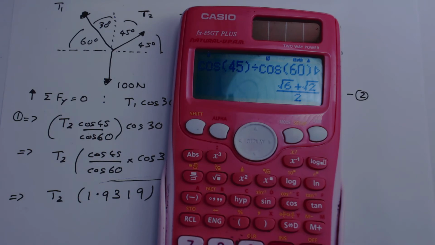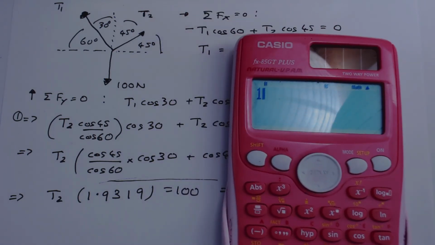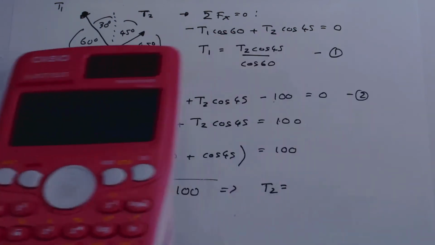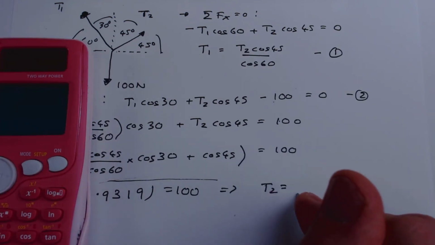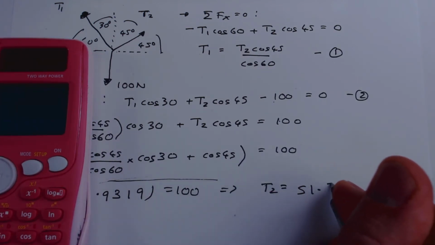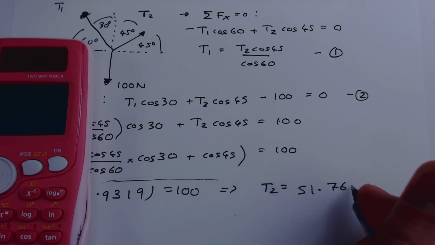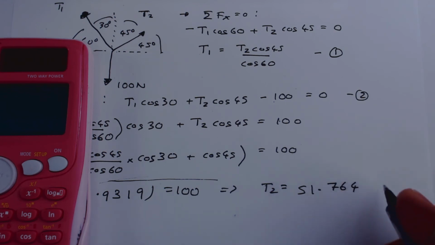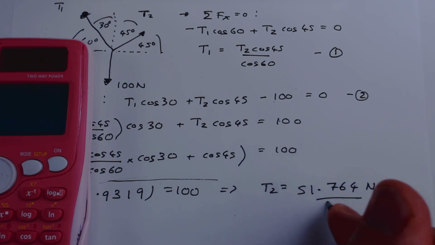So I've got 100 divided by my previous answer, it wants to tell me in irrational numbers still, is 51.964, had to round that up again, newtons.